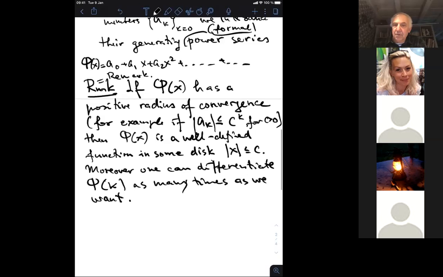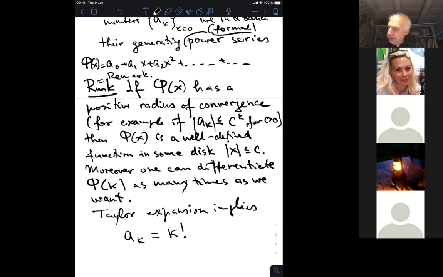The Taylor expansion implies, in particular, that a_k is k factorial times the value of the kth derivative of our function at the origin.